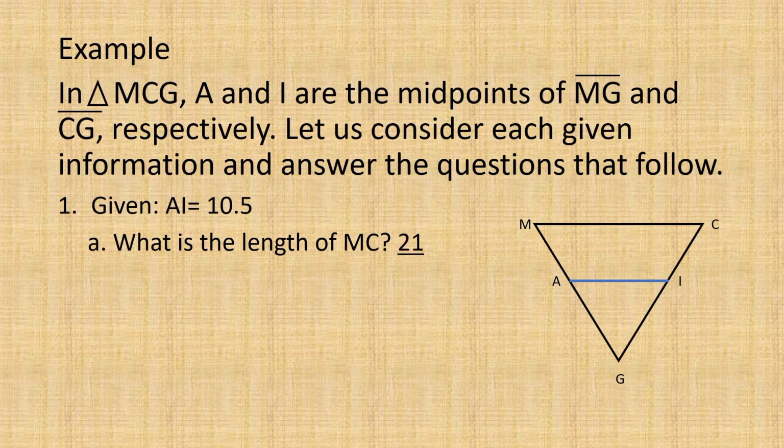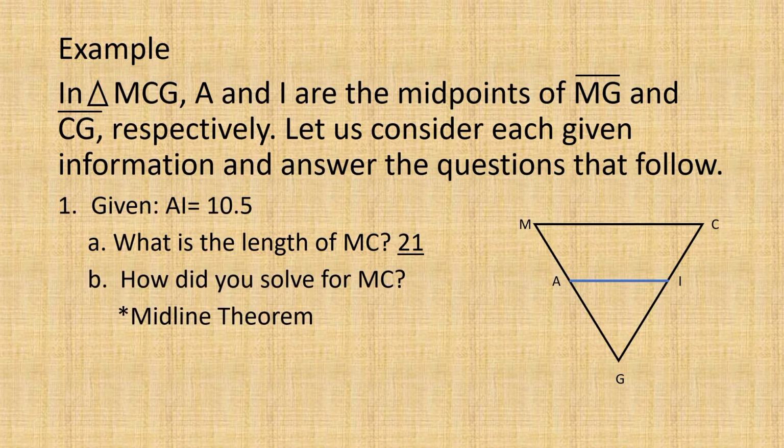The answer is 21. How did you solve for MC? By applying the midline theorem. Since AI is 1/2 of MC, we multiply 10.5 times 2, and that is equal to 21.